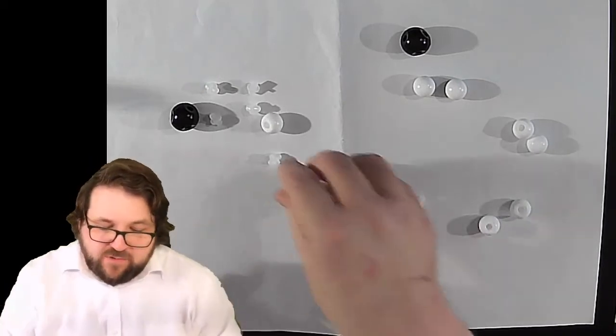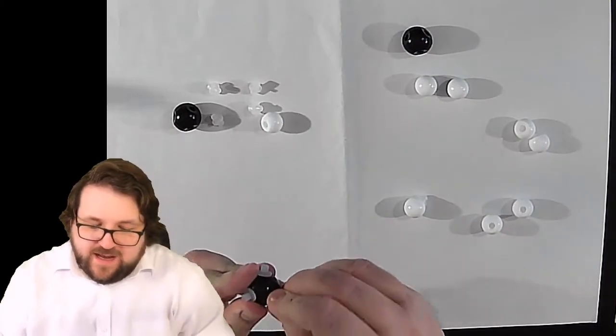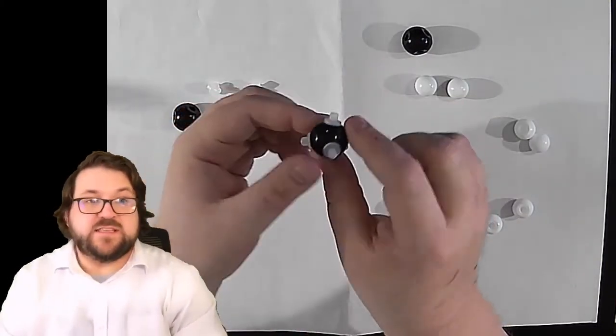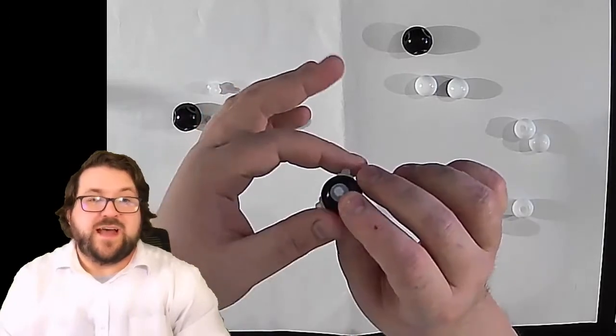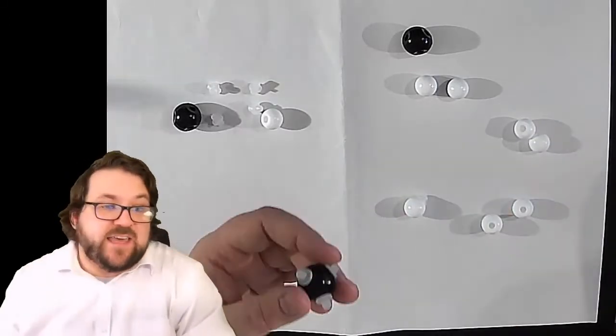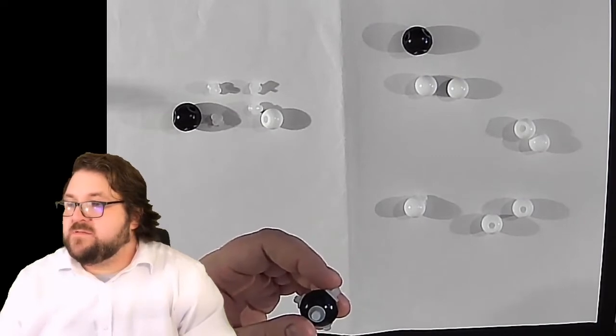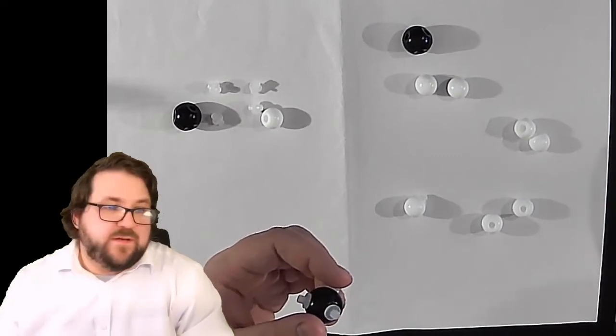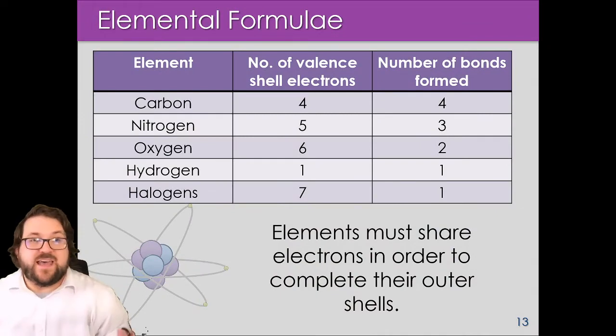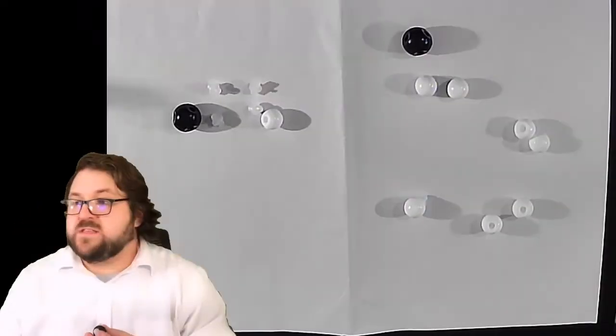These black ones here are the same, it's hard to see the holes. So this carbon has 4 holes, and that's how I identify it as a carbon, because if we went back to the slide over here, we say, oh, it's got 4 valence shell electrons, and therefore it must form 4 bonds. So that's what we've got going on there.